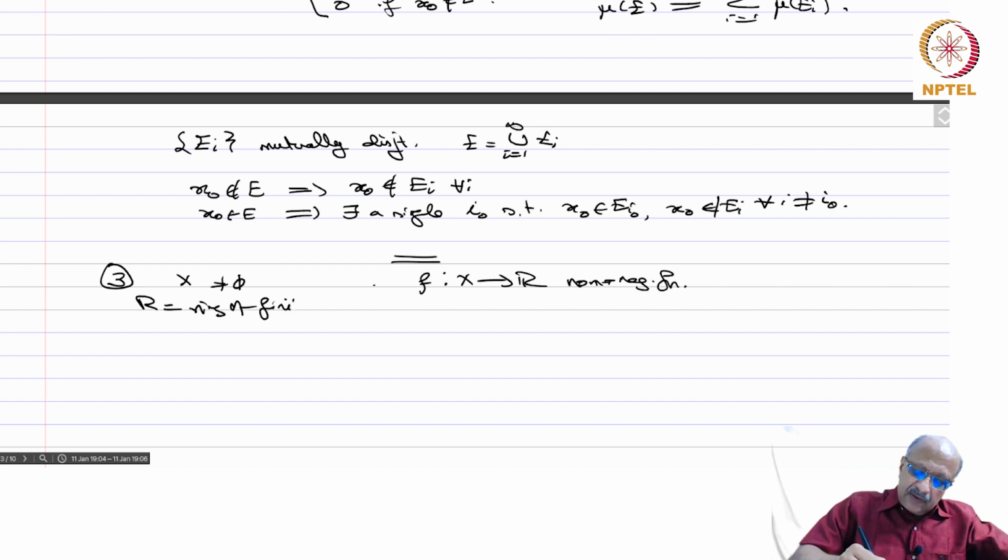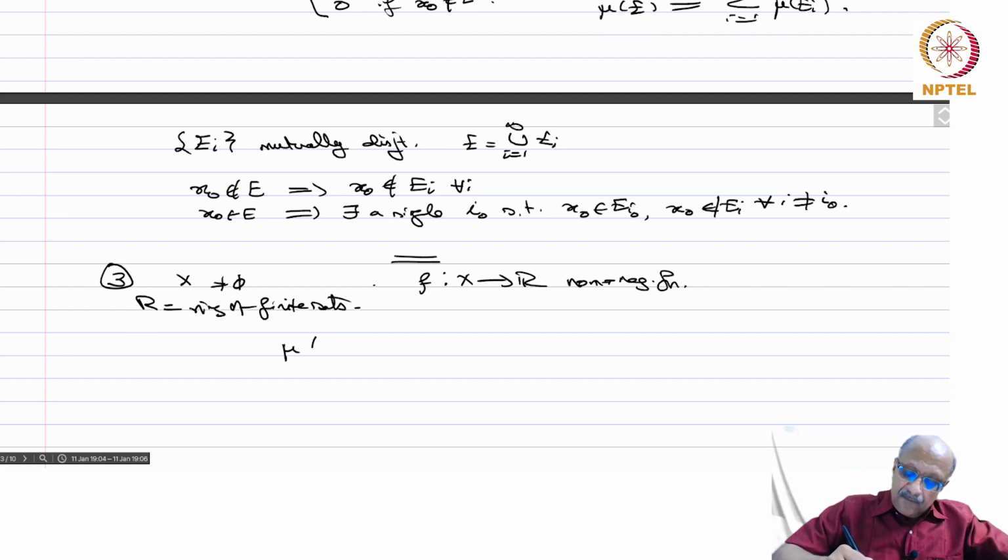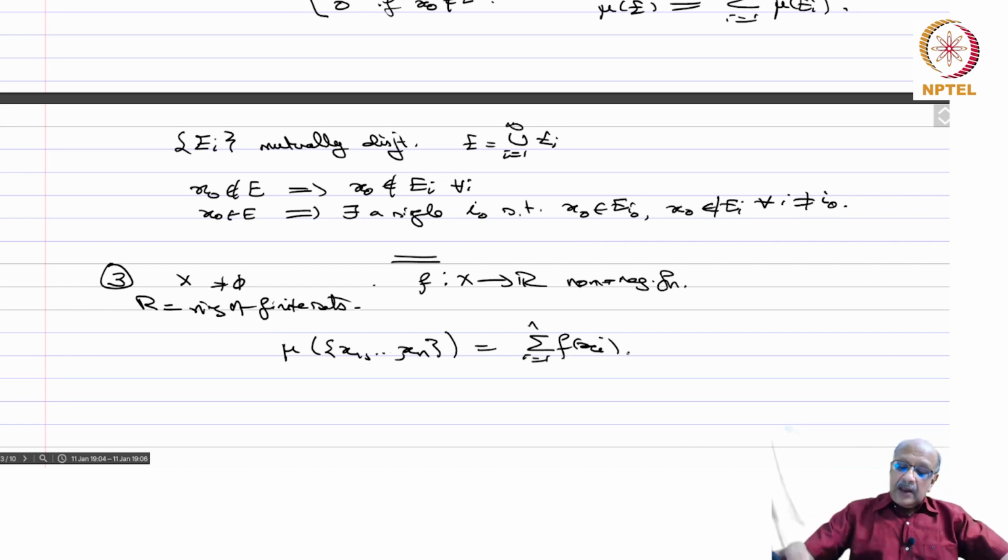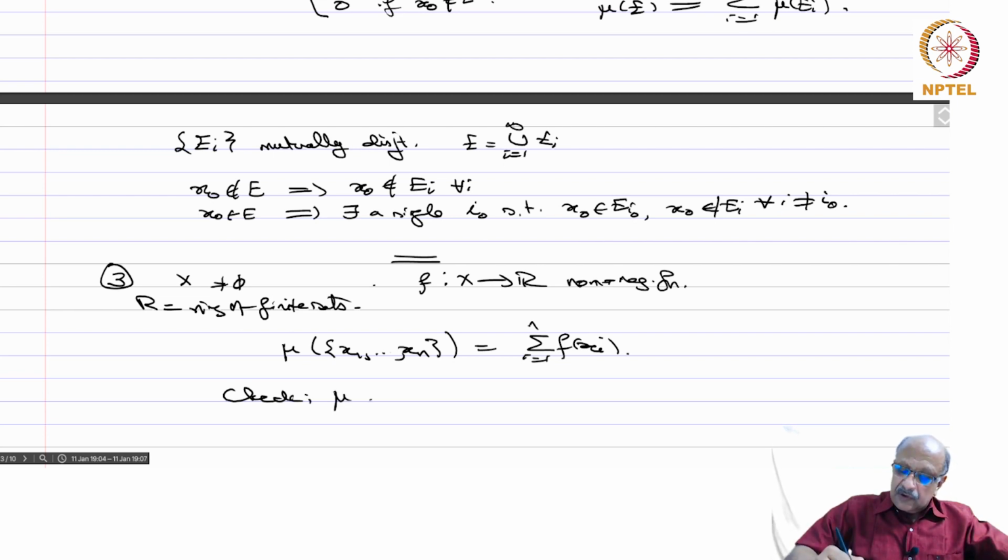We have already seen this. This is a ring because the union of finite sets is finite and the difference of finite sets is again finite. Then you define mu of any finite set x1, ..., xn as the sum for i equals 1 to n of f of xi. And you can check that mu is a measure.